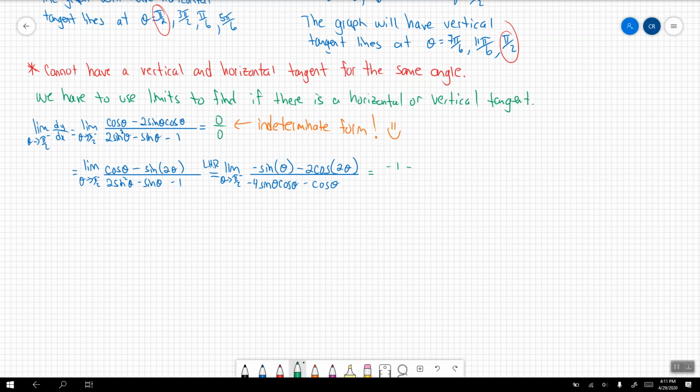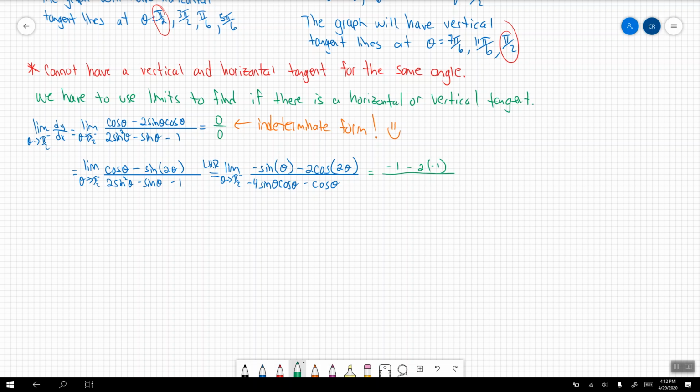Minus 2 times cosine of 2 theta, and 2 theta is really 2 times pi halves, so just pi from the left-hand side. Cosine of pi from the left-hand side gives us negative 1. There we are.